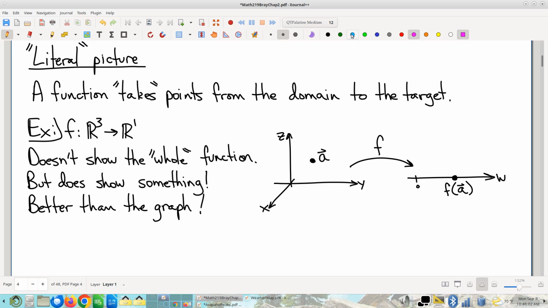I can, for example, ask the very reasonable question: if I were at this point, and by the way, there is its corresponding output, if I were to take off and start moving with some velocity in the domain, if something were to change, which happens all the time, things change all the time, if my inputs start changing, how does the output change correspondingly?